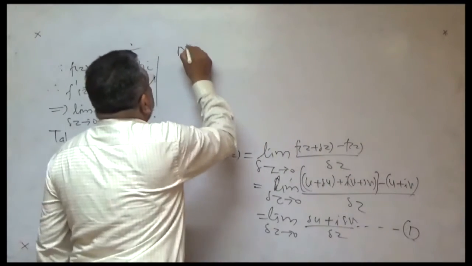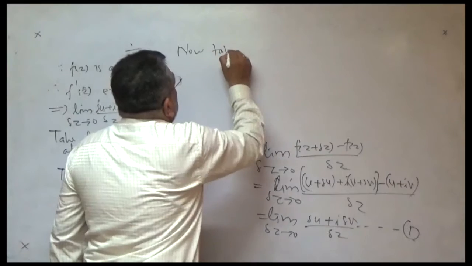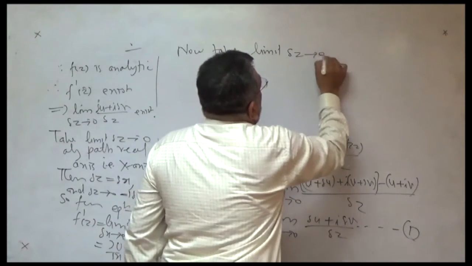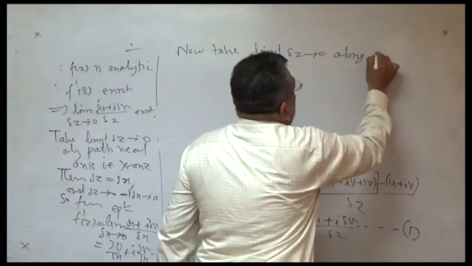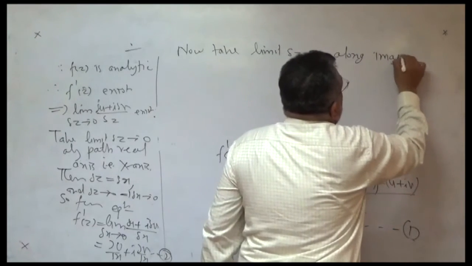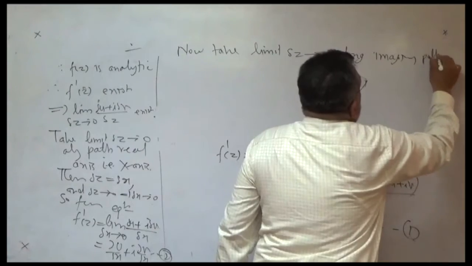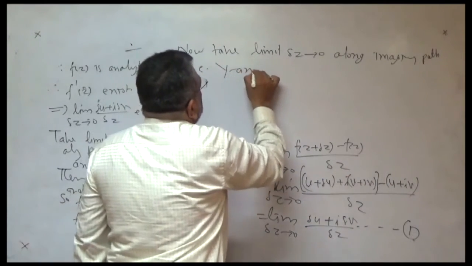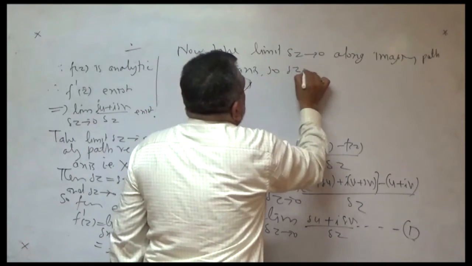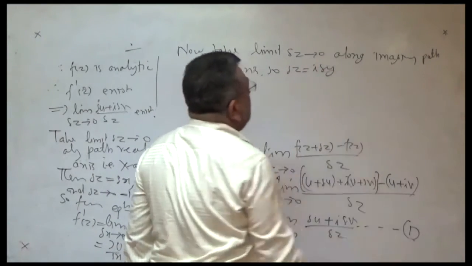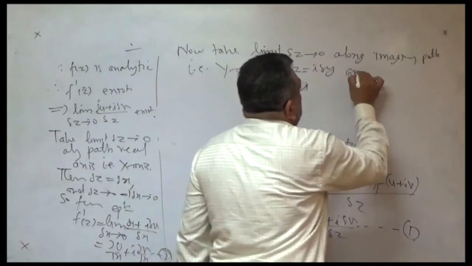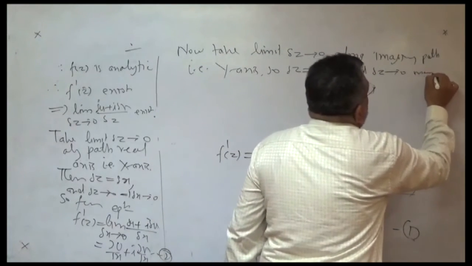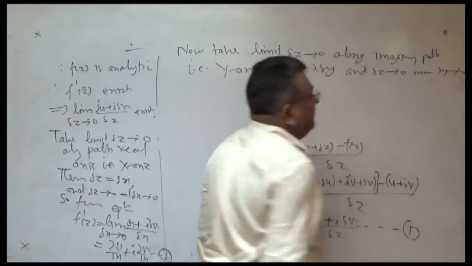Now take the limit del z tending to 0 along the imaginary path, that means the y-axis, and so del z equal to i del y, and del z tends to 0 means del y tends to 0.